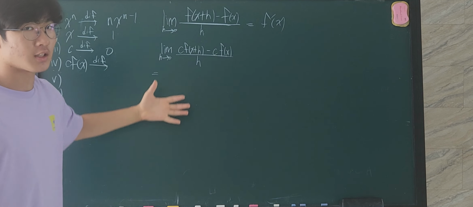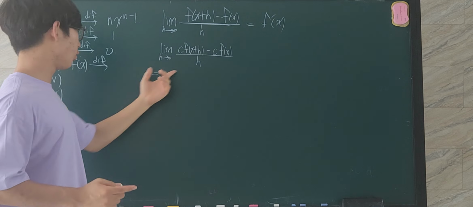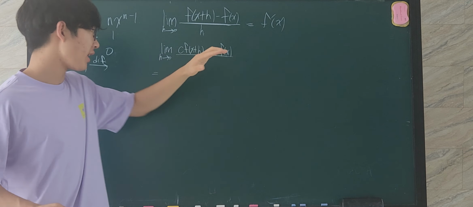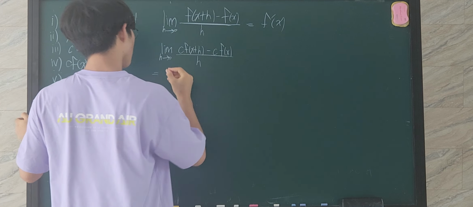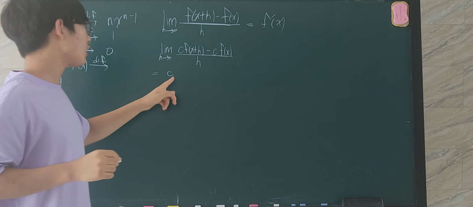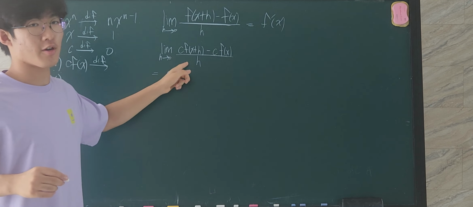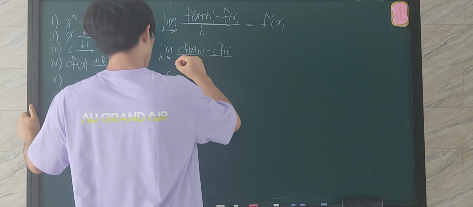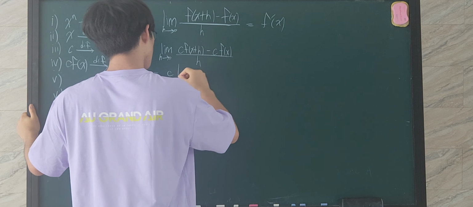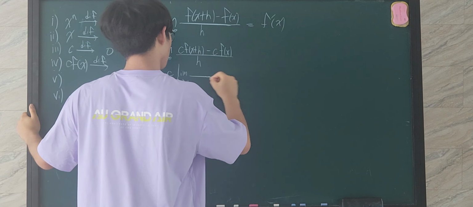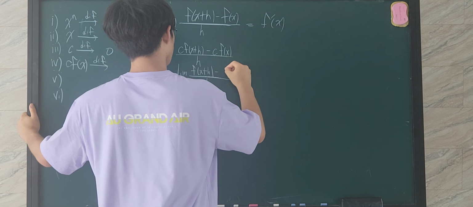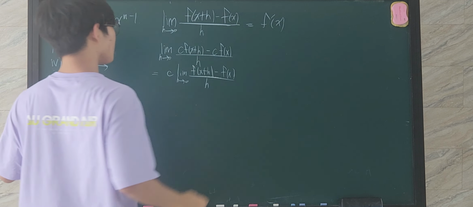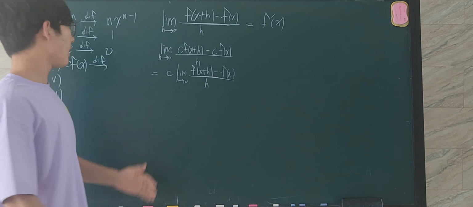Then c is a constant, so it has no relation to h in this limit equation. So it is allowed to be taken out of the limit, because the limit has no interest in c, which does not contribute to any of the variables in the limit equation. So you're only left with c times the limit as h approaches 0 of f(x plus h) minus f(x), all over h. So this is the answer that you are left with.